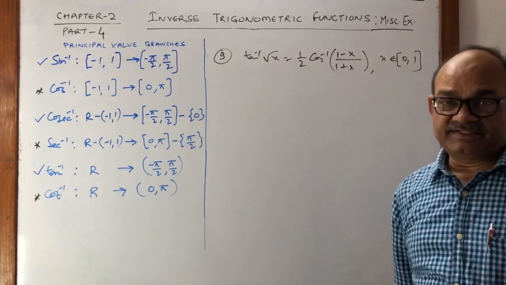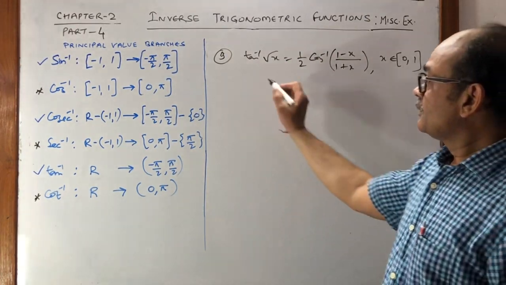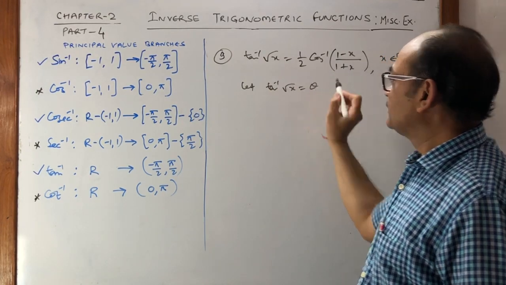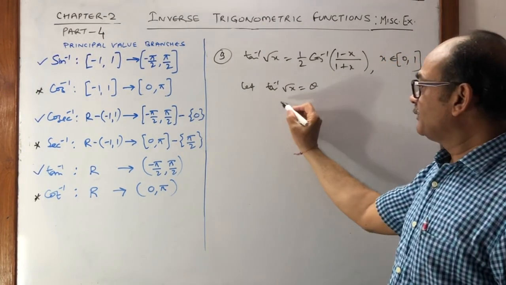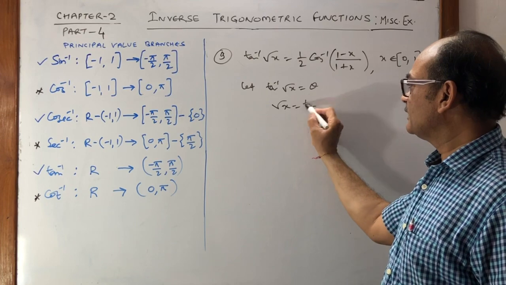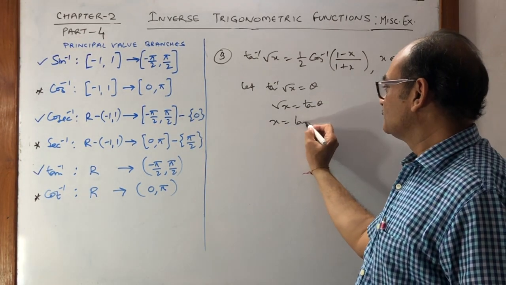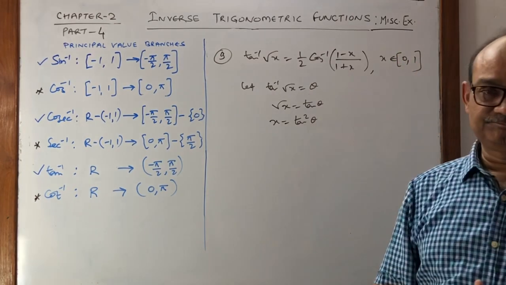Starting from the left hand side, suppose tan inverse root x equals theta. It means root x equals tan theta. It means x equals tan square theta.